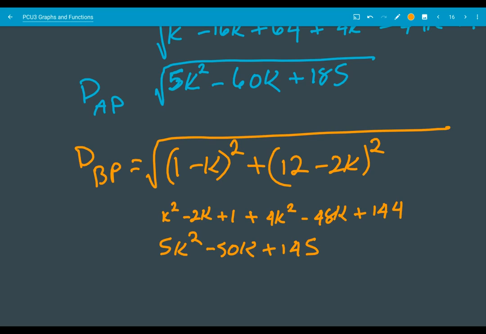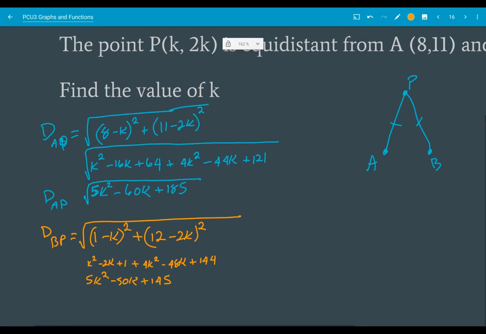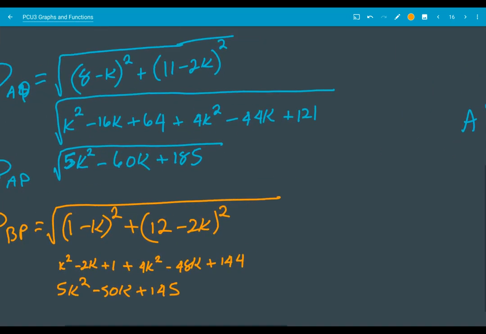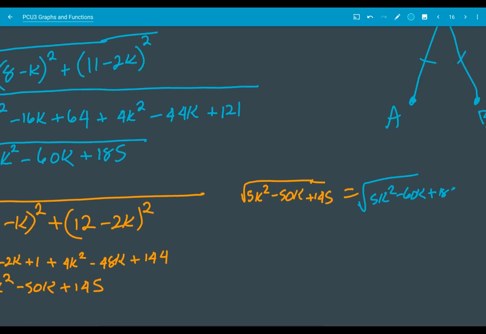Now, we have the two distances. We know that they're the same, so we simply set them equal to each other. So we say that the square root of 5k squared minus 50k plus 145 is equal to the square root of 5k squared minus 60k plus 185.